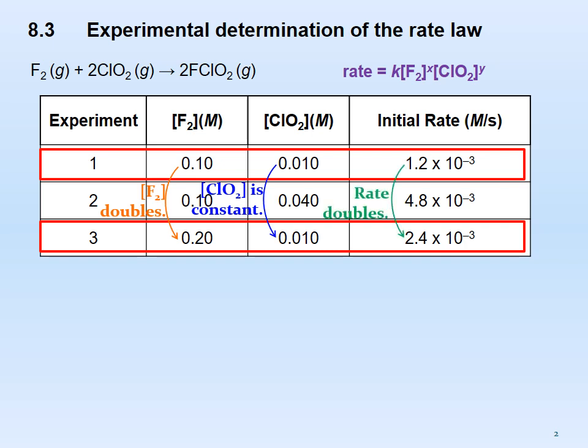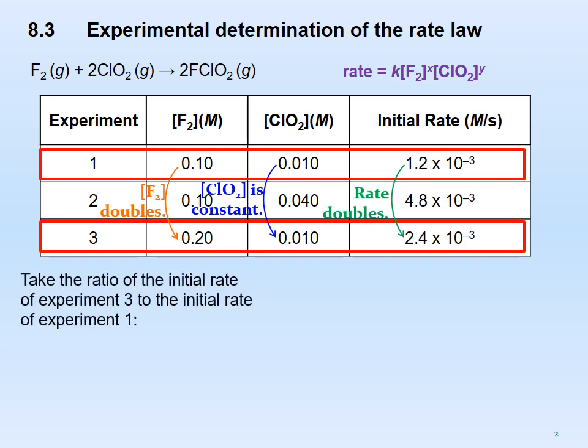Since chlorine dioxide concentration is constant, while fluorine concentration and rate change, it is convenient to use data from experiments 1 and 3. Why convenient? We will see shortly. We take the ratio of the rate equation for experiment 3 to the rate equation for experiment 1.